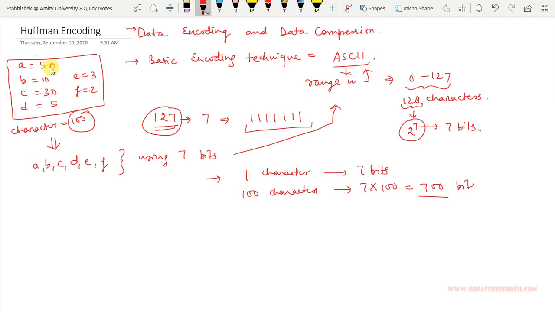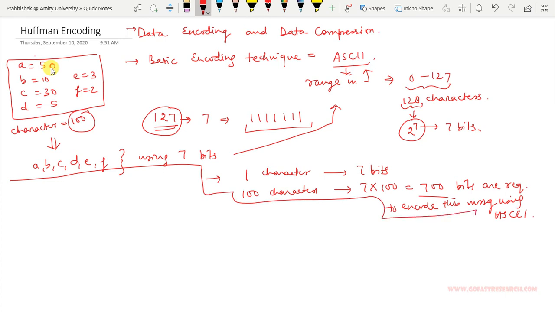So 700 bits are required to encode this message using the ASCII encoding technique. I hope you have all understood this point. So a total of 700 bits are required for the encoding of this message.